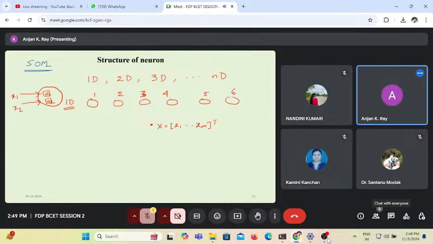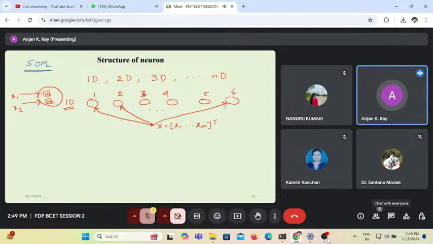This input is associated with all neurons. This input will go to all neurons.